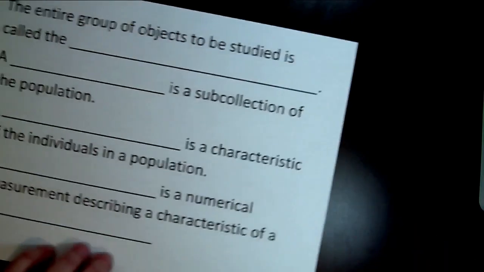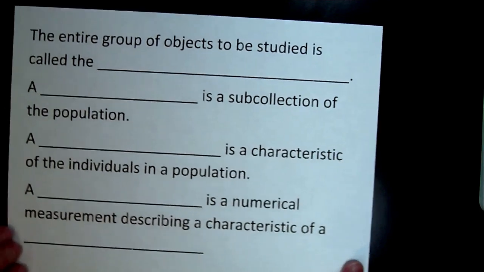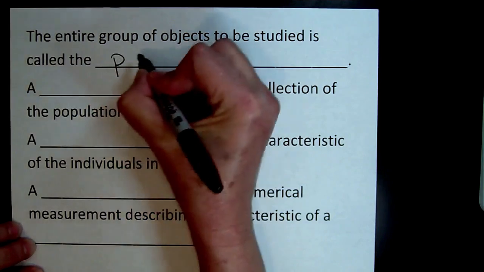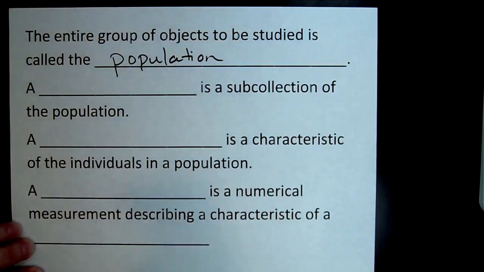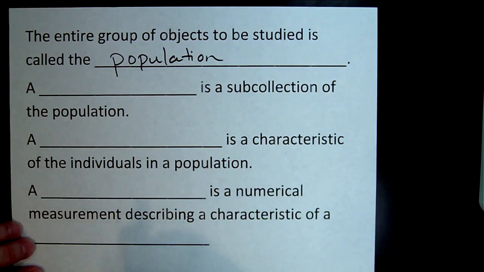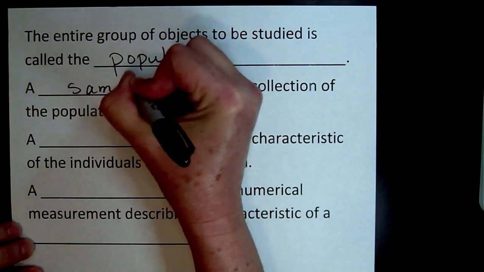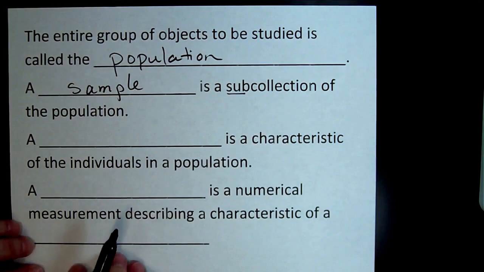Now, you're doing this to study something, and the entire group of objects to be studied is called the population. Now, often you can't study everybody in the entire population, so you instead study a subgroup of the population, and that's called a sample. So a sample is a subcollection of the entire population.